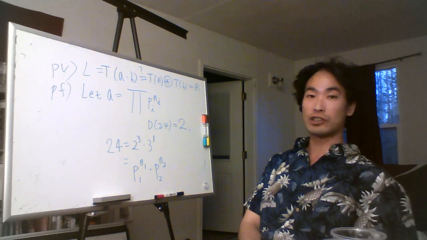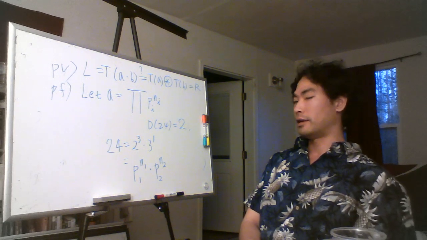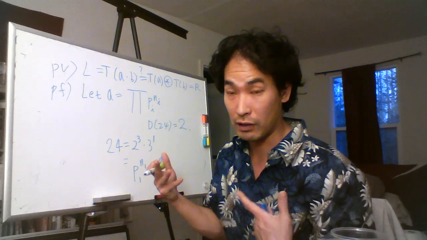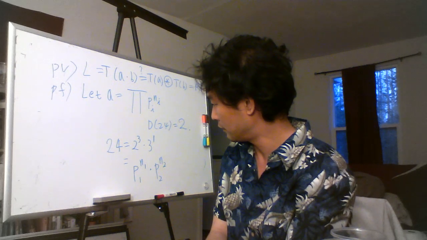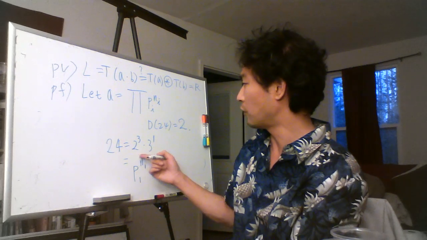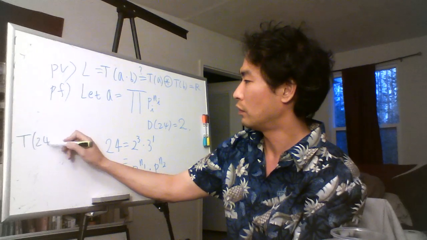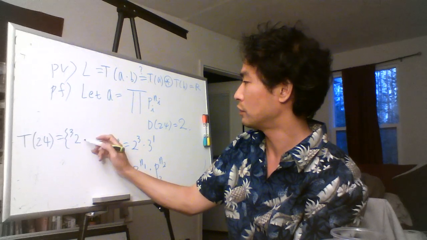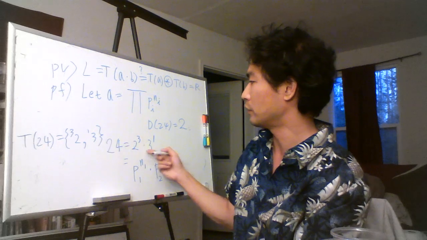We have the reduction function, right? I'm sorry I'm everywhere, but I'm being inspired right now. We can transform this number. So T of 24 is equal to, there are three 2's and one 3 in this prime factorization.